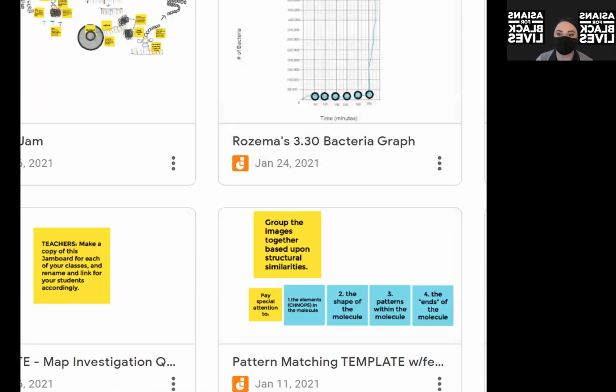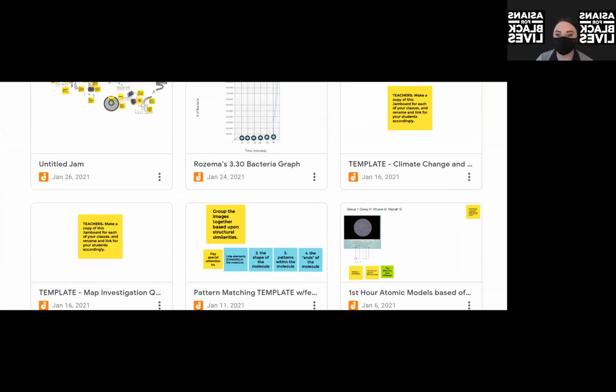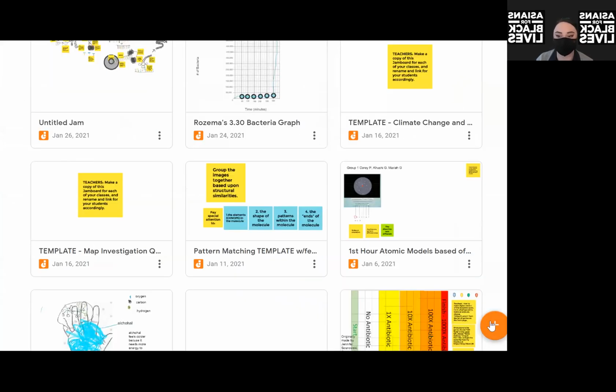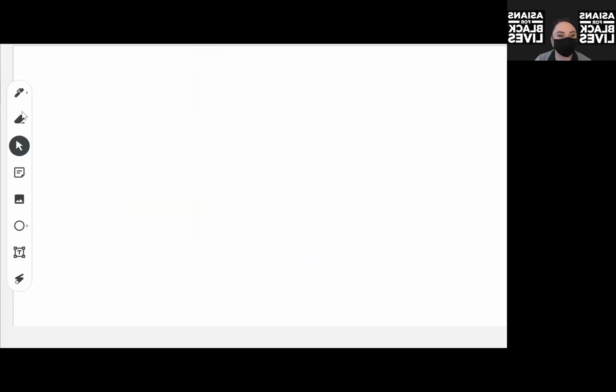And just like everything else in a Google app, there is going to be a place on the page that has this little plus sign where you can create a new one. And then you can see here on the left-hand side, I have all these different functions that I can use. I know for some of you, if you have a tablet, this might be an easier way to do it.